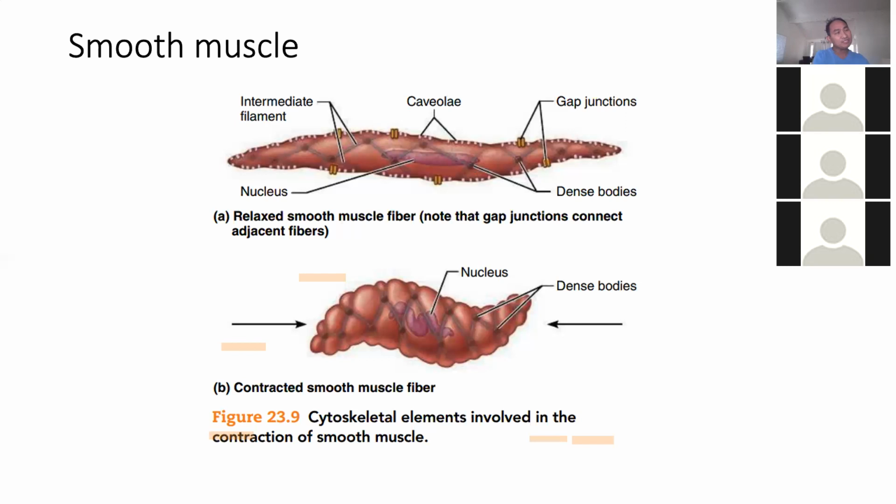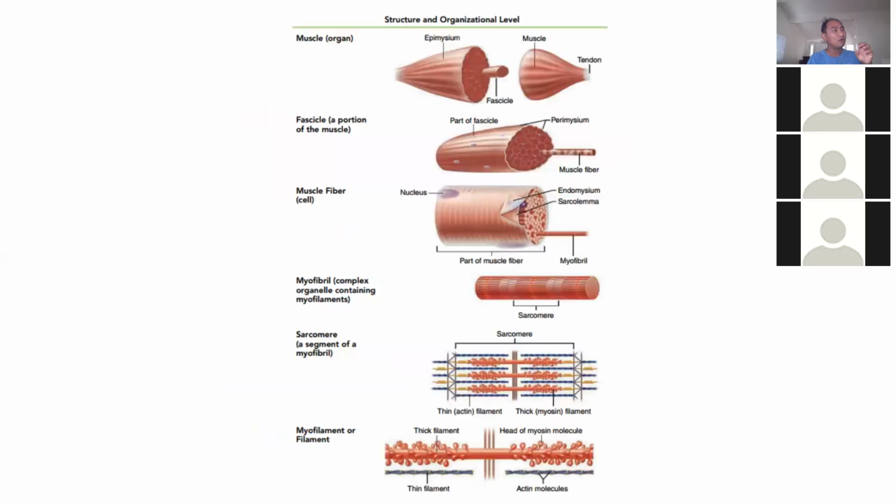So the dense body is, let's say, equivalent to the Z disc. What really happens is this dense body will be connected to the actin, which is the thin filament. That is something we saw with the striated muscle, where the Z disc is on either side and is connected to the actin.